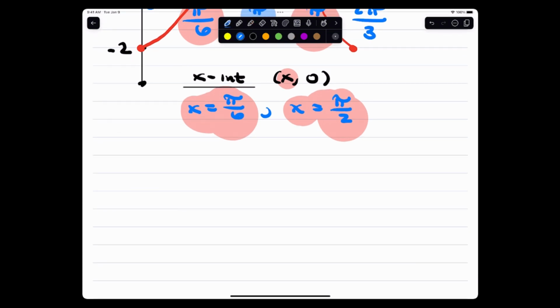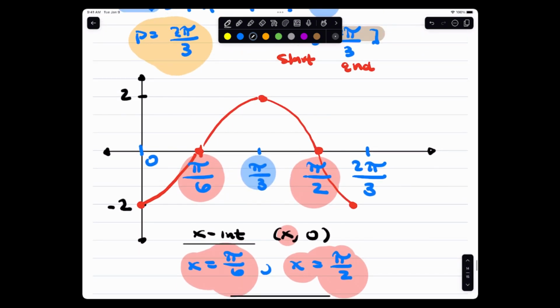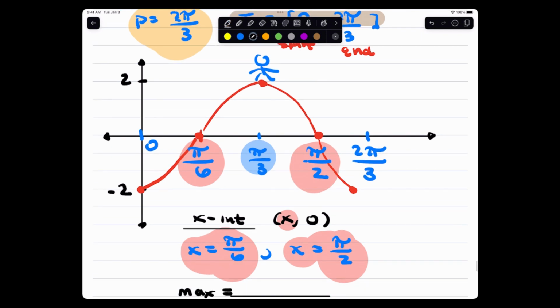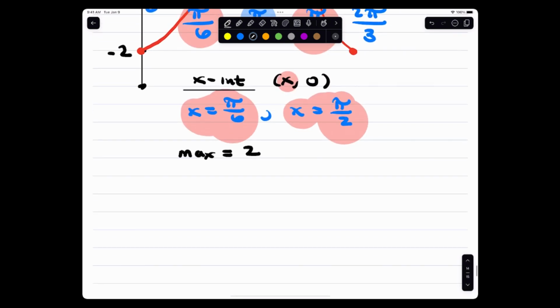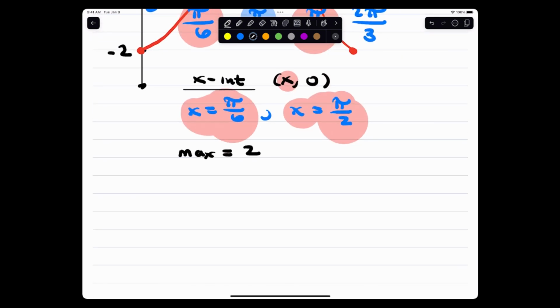Now, again, where is your what again? Maximum value. The maximum value, where's the maximum? Think of it as altitude. Where are you? You're on top of the what? Hill. Maximum value equals what? 2. And where does that happen?